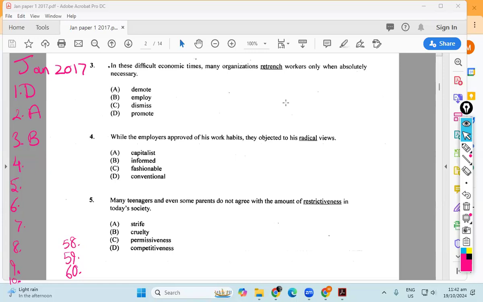And what about number 5? Many teenagers and even some parents do not agree with the amount of restrictiveness in today's society.